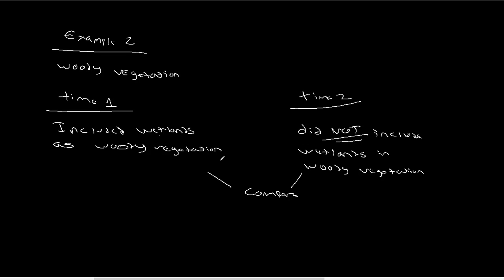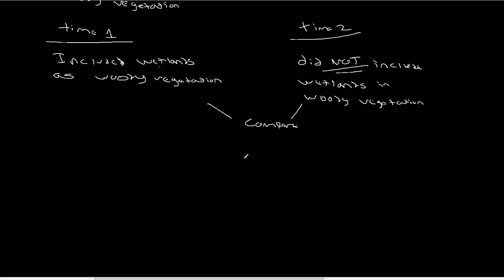You look at a piece of woody vegetation that is actually a wetland. This is going to say it is woody vegetation because it was included. This is going to say it's not woody vegetation because the definition did not include it. So if you compare them, assuming the underlying feature hasn't changed, we would see change.